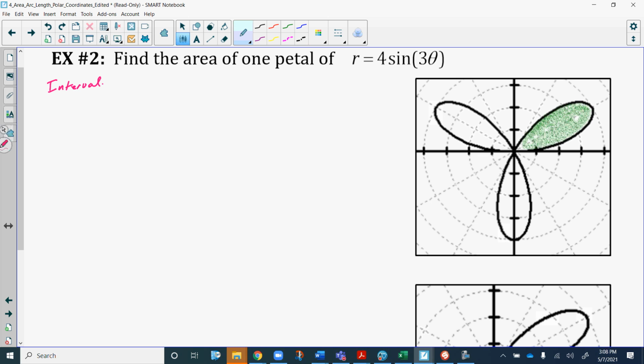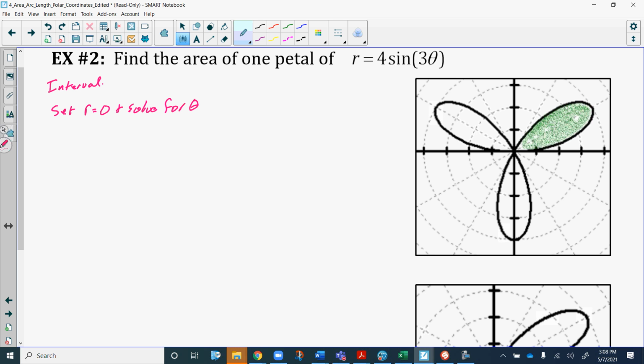now you can find the interval in this case one of two ways. And the first way I'm going to show you is going to be an algebraic approach. To find the interval, set r equal to 0 and solve for theta.